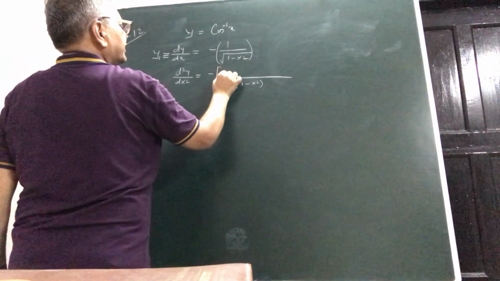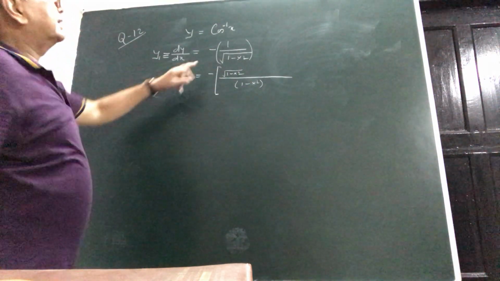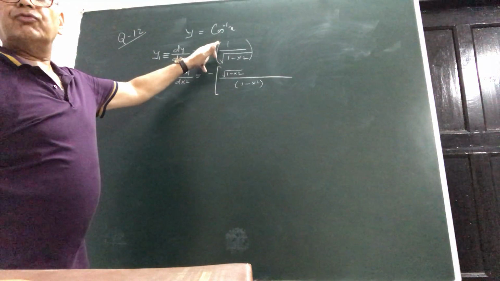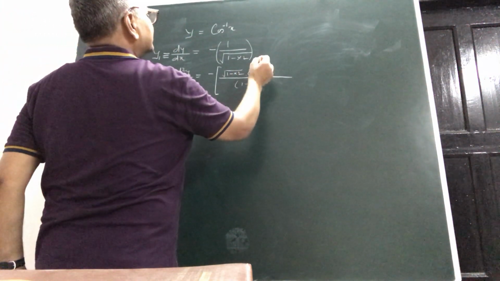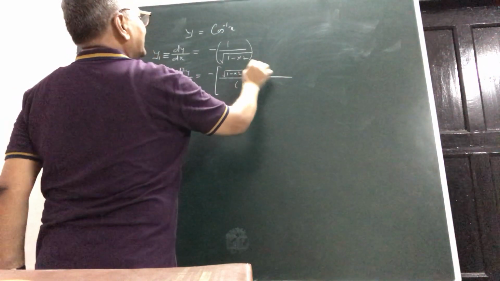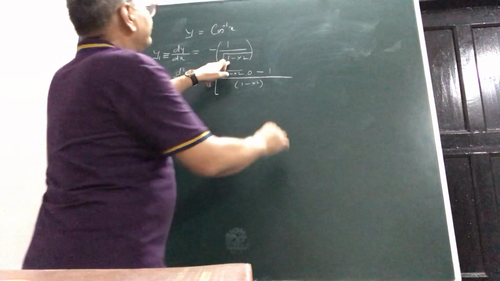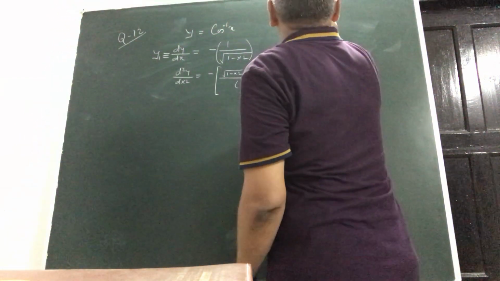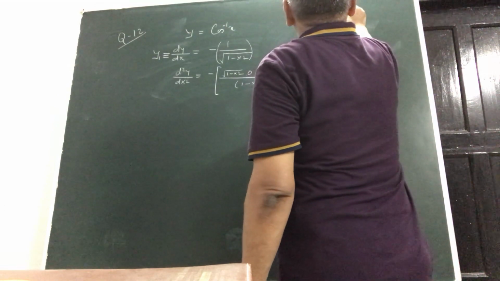Then denominator, that is 1 minus x square, into derivative of numerator. Derivative of numerator is what? d upon dx of 1 is 0, minus numerator 1 and derivative of denominator. What is the denominator? d by dx of under root 1 minus x square.